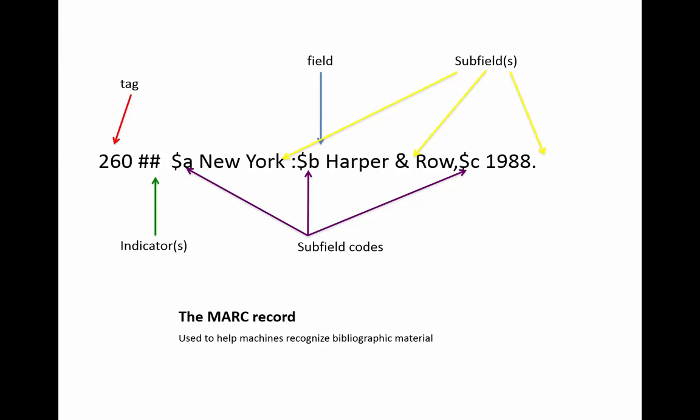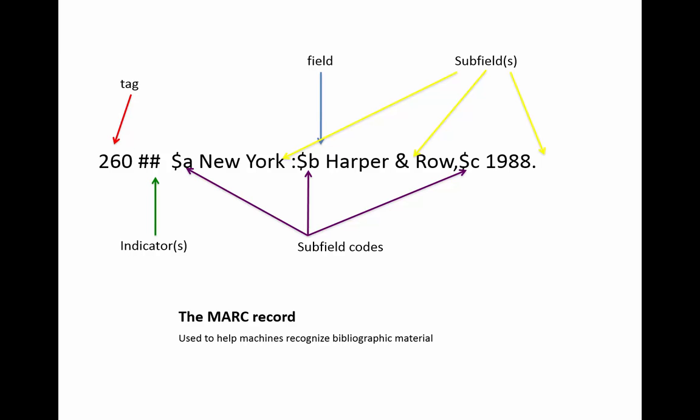And so we have more consistency across libraries, and we have an easier means to add bibliographic information into our catalogs so that it's even easier for our patrons to search for information. All right? So that's the MARC record.